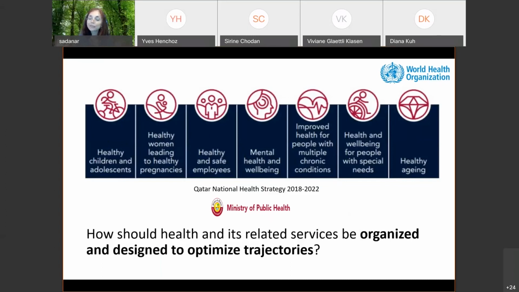But the reason they really did it is that they benchmarked themselves very competitively against other Gulf states and also against OECD countries, and they did an analysis thinking through how can we improve our outcomes, and they realized that a life course approach would get them quicker to where they wanted to go to have better outcomes.